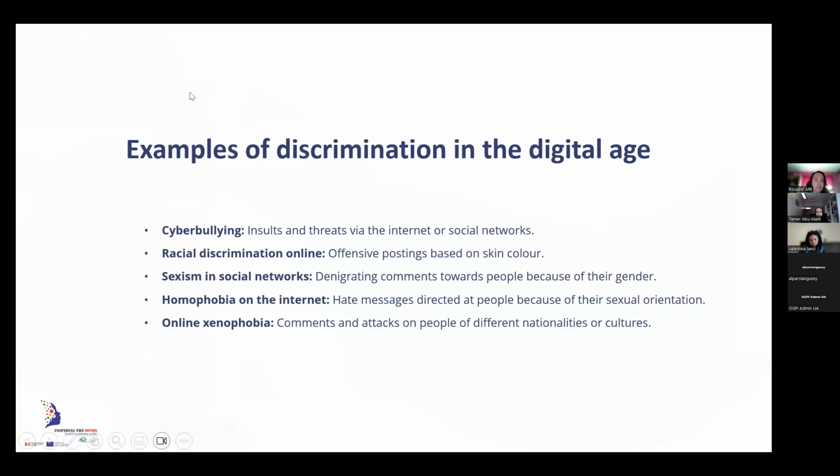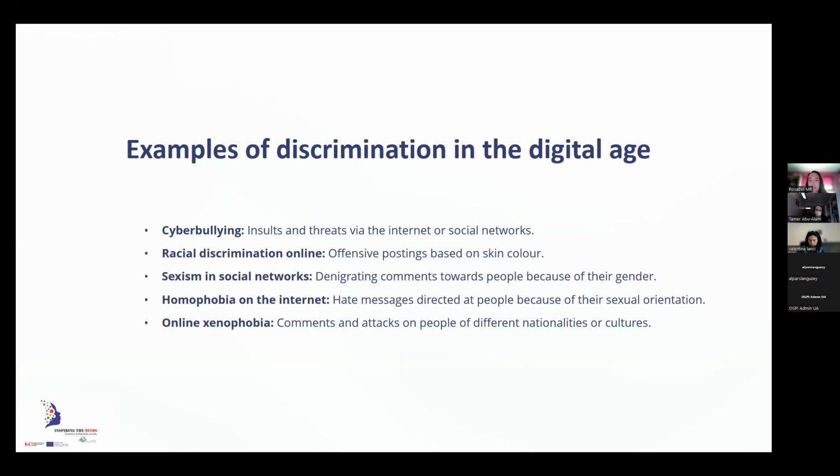So, for instance, examples of discrimination in the digital age, in our current digital society. We for sure will be facing, unfortunately, cyberbullying, insults and threats via internet or social networks. Afterwards, we will develop this topic better. Of course, racial discrimination online, offensive postings based on skin color, sexism in social networks, homophobia on the internet, and also online xenophobia.